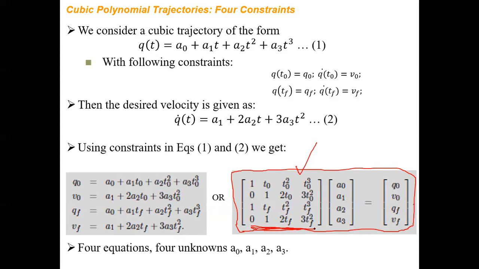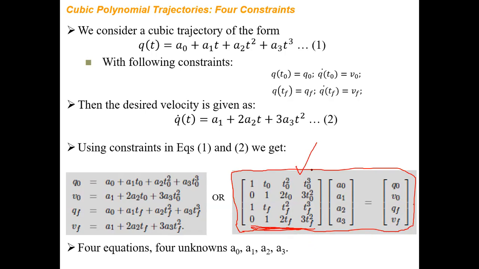Meaning, if the determinant is not 0, then you can guarantee the solution. If the determinant is 0, then, sorry, I'll take it back. If the determinant is 0, then you have infinite solutions. That's not desirable. So to make sure you have a unique solution, you have to have the determinant be non-zero.